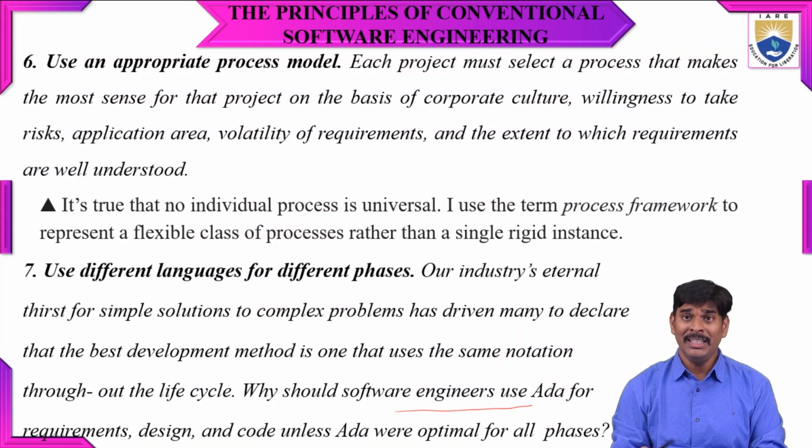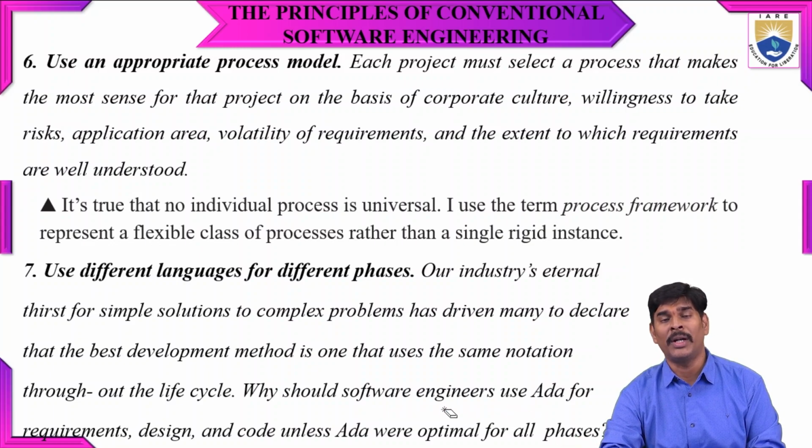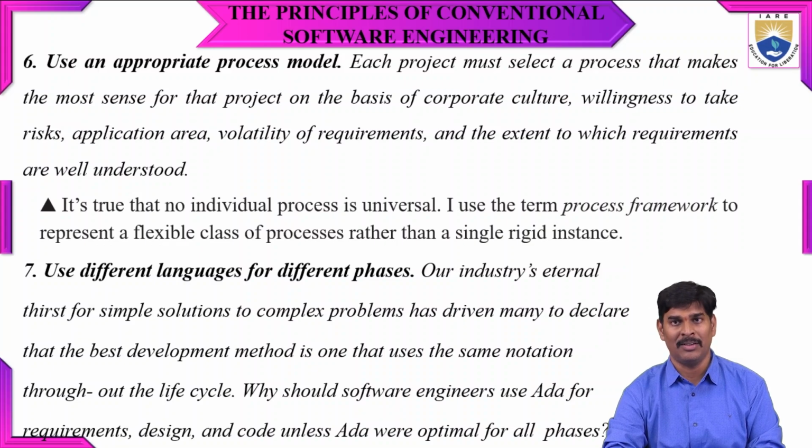While choosing any programming language, they need to understand whether it is optimal for all the phases or not. Based upon that, they need to choose which programming language is suitable for each and every phase, or they can use different languages for different phases.